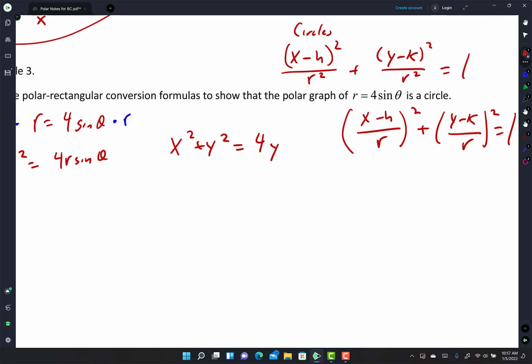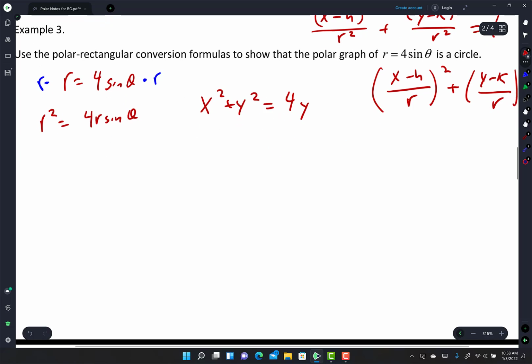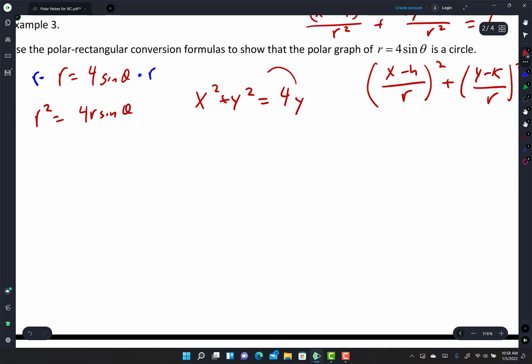All circles look like that. So we need to make it look like that, or something similar to it. Cool? Here we go. I'm going to move the 4y to the left. x squared plus y squared minus 4y equals 0.